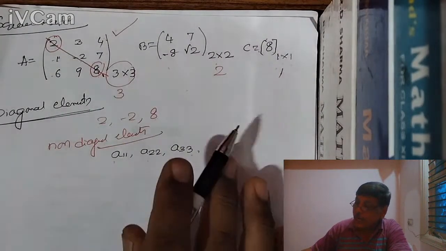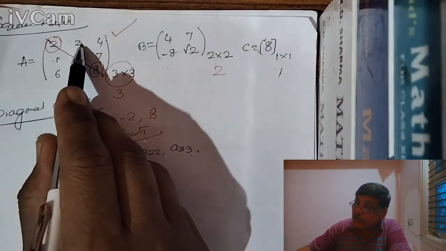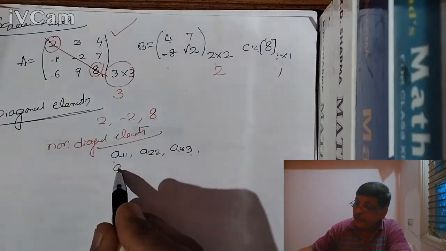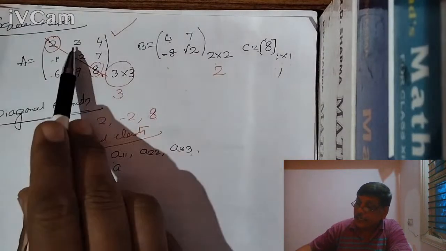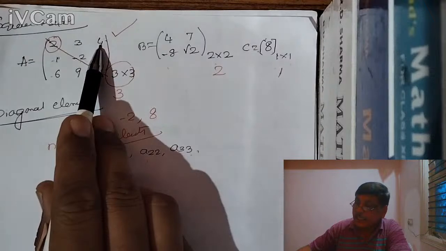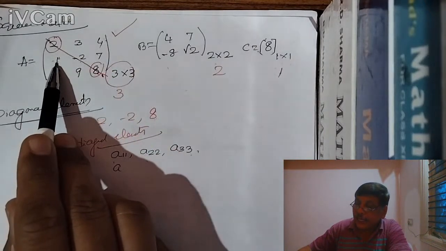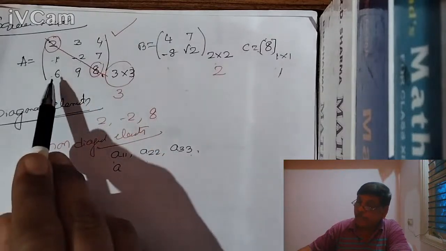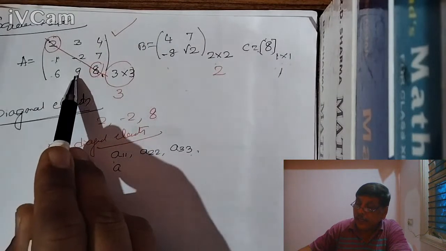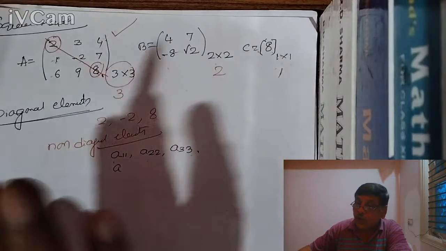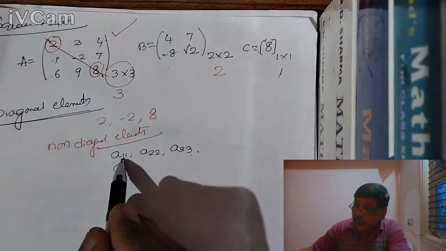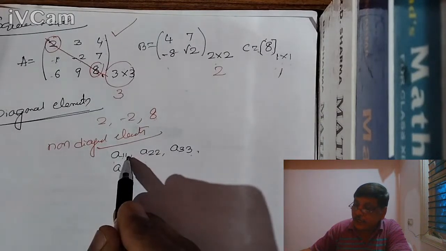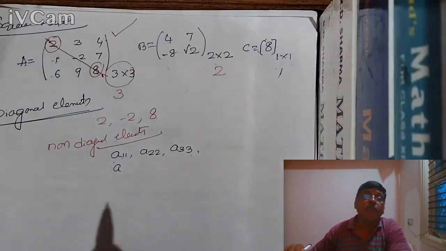Okay. So here, whereas the position of 3 is A12. Is it right? This is A13. This is A21, A22, A23. This is A31, A32, A33. Don't get confused. The first suffix is used for the number of rows. The second suffix indicates the number of columns.